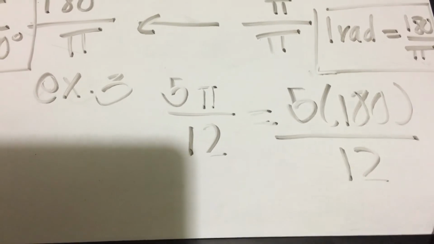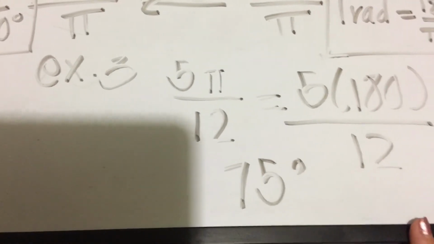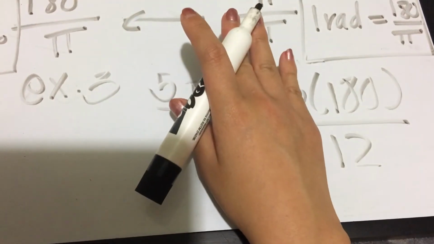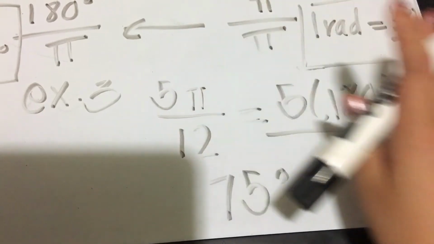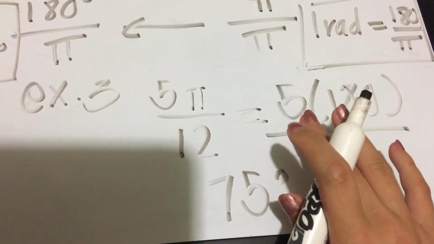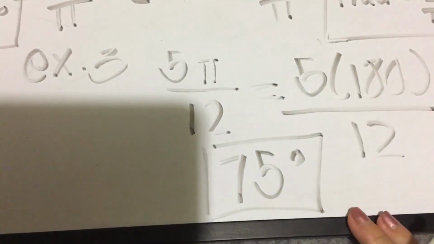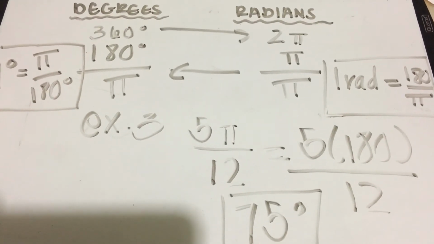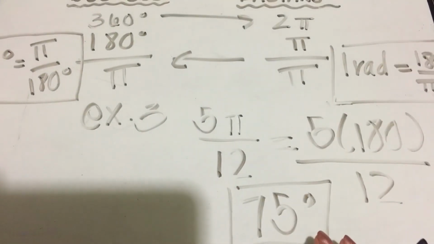And this, after reduction, gets us 75 degrees. It's recommended that instead of solving for the numerator first, you separate 180 over 12 for easier division, and then later on you take the quotient and multiply it with 5 to get the answer. 75 degrees is the answer, and that is the quick shortcut for if you're given radians as the problem and you're looking for degrees.